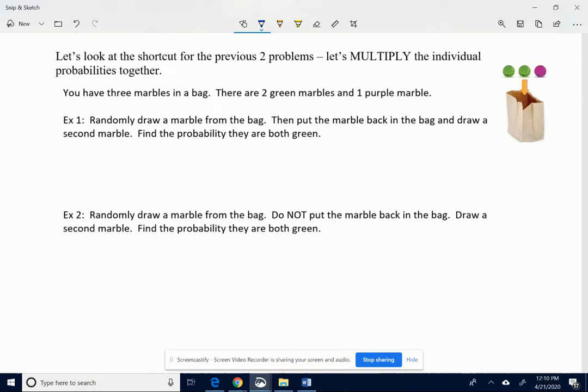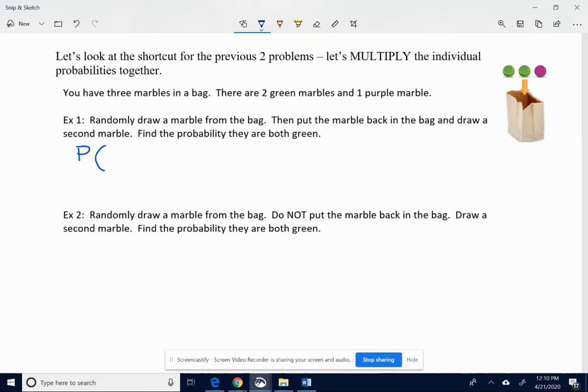I'll show you. So you have 3 marbles in a bag, 2 greens, 1 purple. The first example we did, we drew a marble from the bag, we put the marble back, and then we drew a second marble. Find the probability they are both green. I'm going to do this separately.